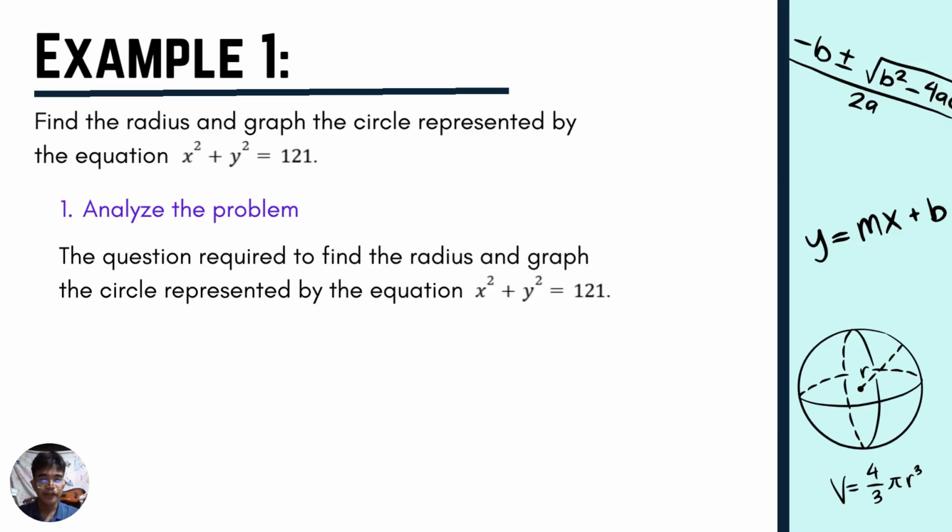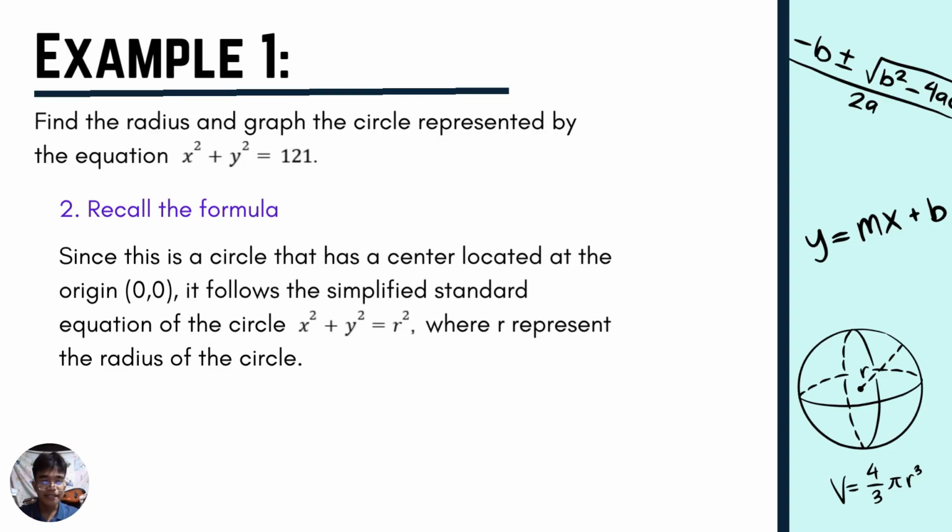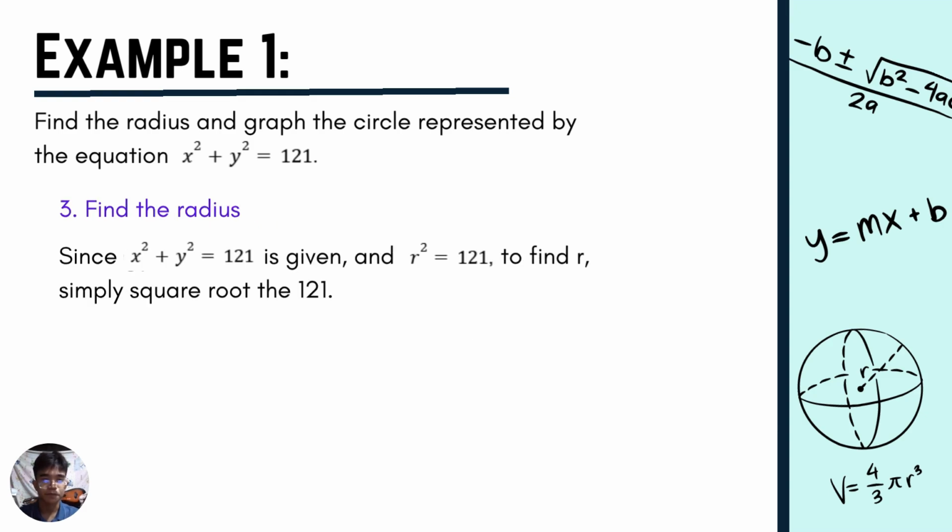The question requires us to find the radius and the graph of the circle represented by the equation x squared plus y squared equals 121. Since this is a circle that has a center located at the origin, it follows the simplified standard equation of the circle, which is x squared plus y squared is equal to r squared, where r represents the radius of the circle.